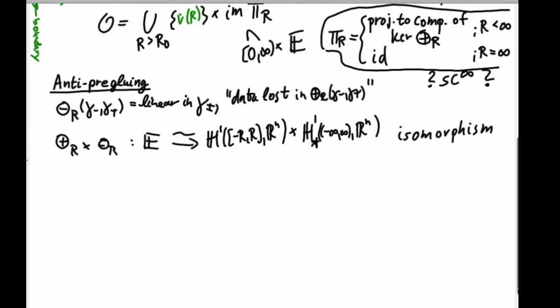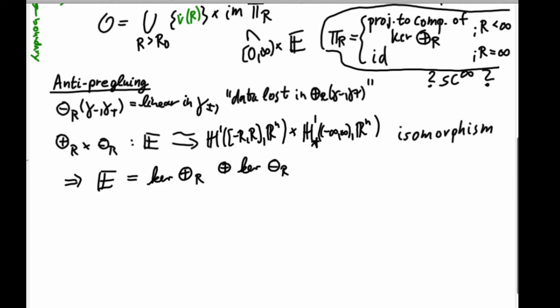Right? But again, it's a Hilbert space. So this is an isomorphism of Hilbert spaces. And then linear algebra tells me that I get a splitting, even just on the level of Hilbert spaces, into the direct sum of the two kernels. And now I can use that splitting to project.